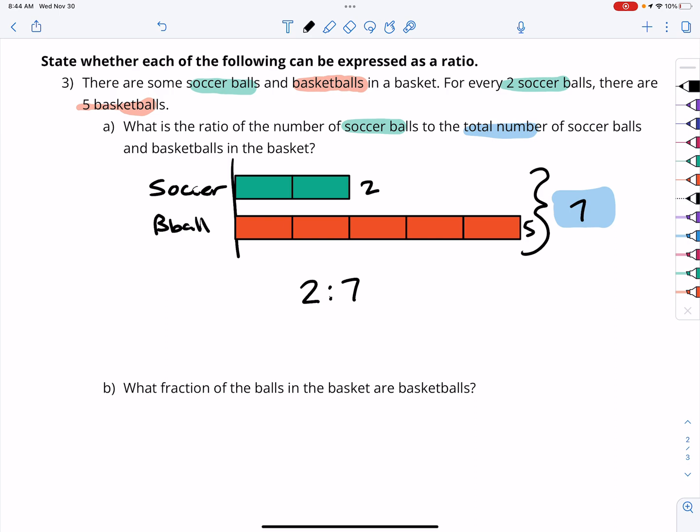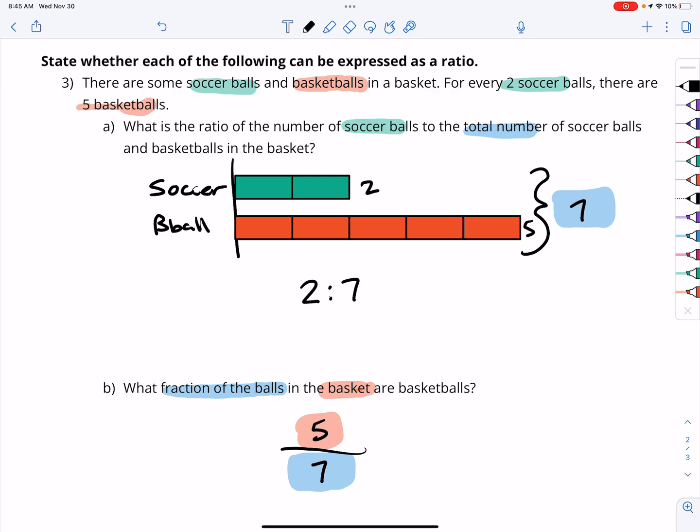So what fraction of the balls in the basket are basketballs? So basketballs were orange. And this time, because it's asking what fraction of all the balls, we are going to be representing this in terms of the number of basketballs compared to the total number of balls in the basket. So we know our number of basketballs is 5, and our total number of balls is 7.